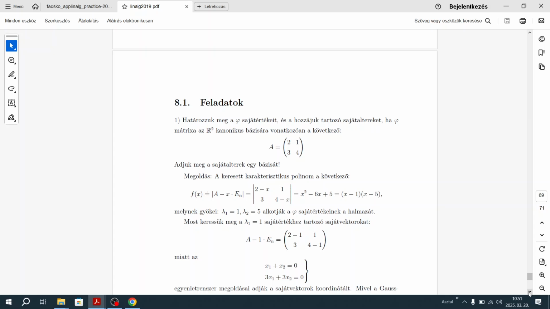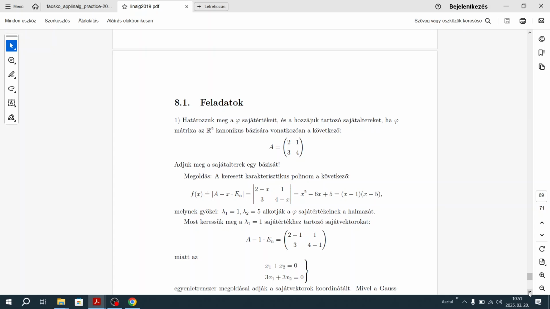So this is how you determine the eigenvalues and eigenvectors. So you are looking for the solution of this equation.